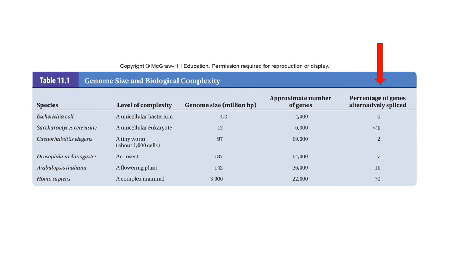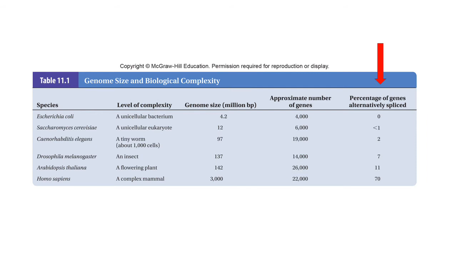And look at this column. Clearly humans have a very high percentage of alternatively spliced genes, upwards of 70% of genes undergo alternative splicing when they get transcribed. So 70% of human genes can give rise to multiple proteins from that one single gene.